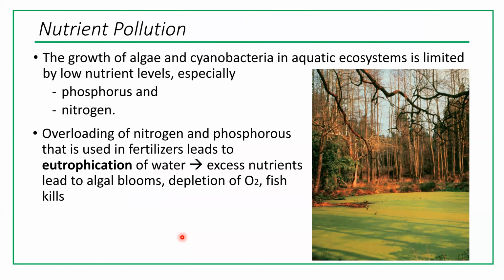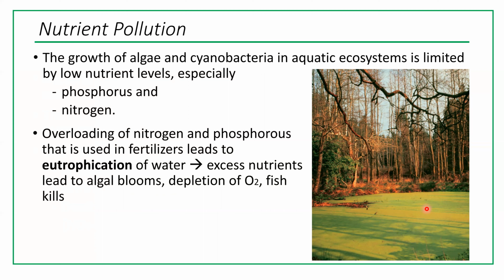Okay, nitrogen pollution. We have a lot of pollution that is related to an increased amount of nitrogen and phosphorus in our ecosystem, especially in aquatic ecosystems. One of these pollution problems is called algae bloom.